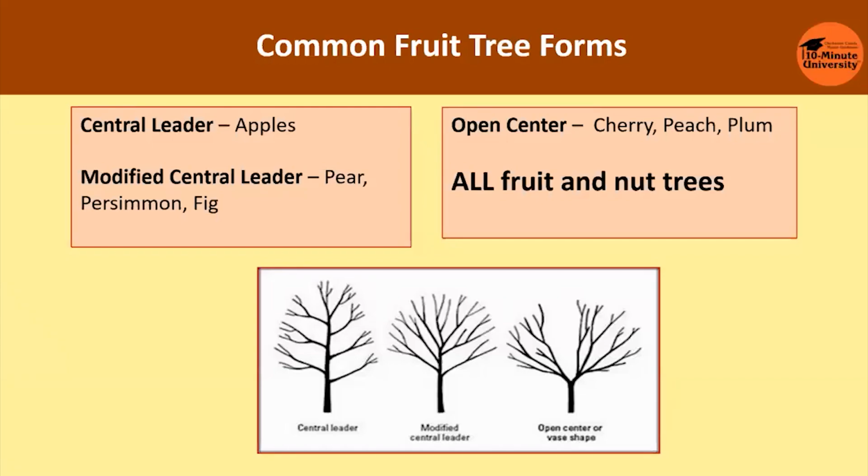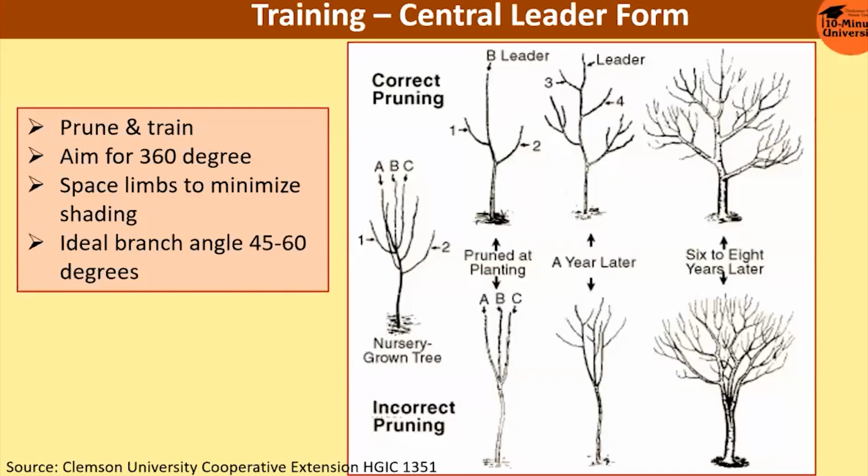All right, so let's take a look at how we train a young tree into a central leader form or an open center form. So we'll begin with the central leader form. And our nursery tree looks like this. Lots of branches, 3 on the top labeled A, B, C. Take a close look and you can see they have very narrow branch angle.